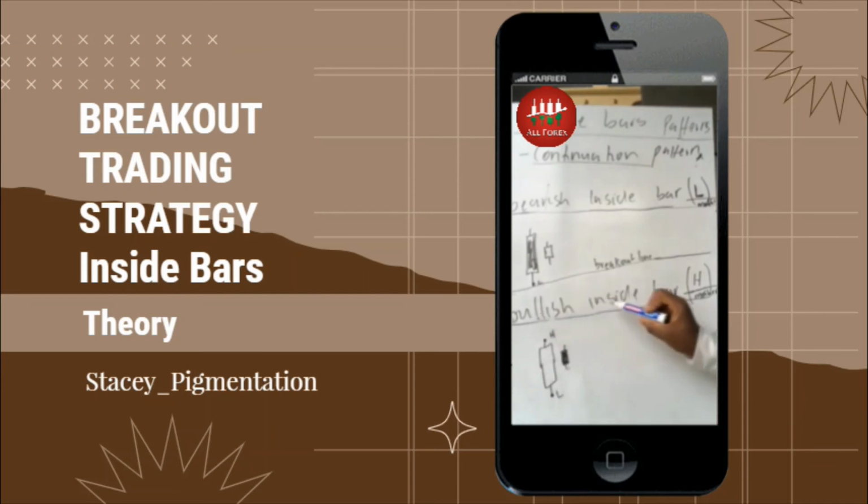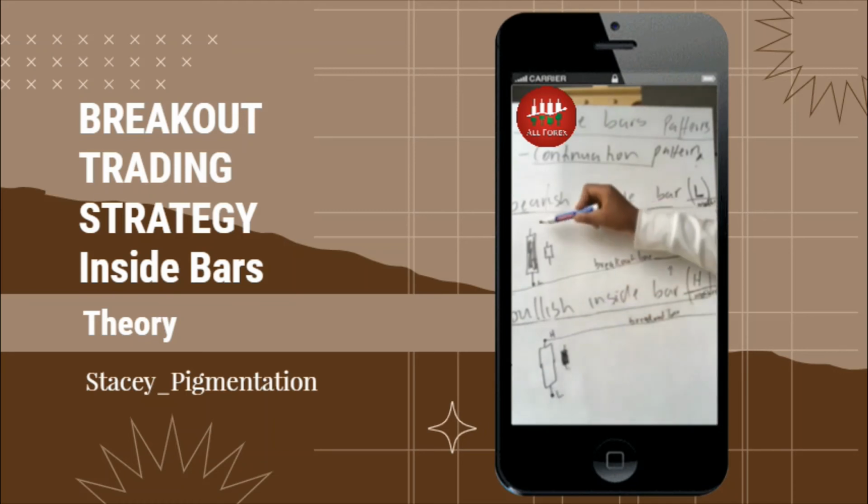So here on a bullish inside bar, because we're focusing on the higher price, we locate the breakout line here. So meaning that on a bullish inside bar, we don't even touch the lower price. On a bearish inside bar, we don't even touch the higher price.